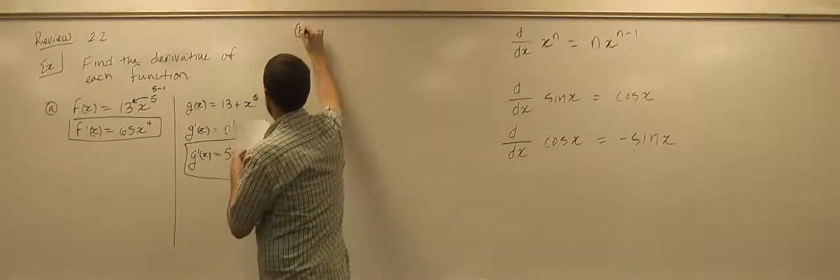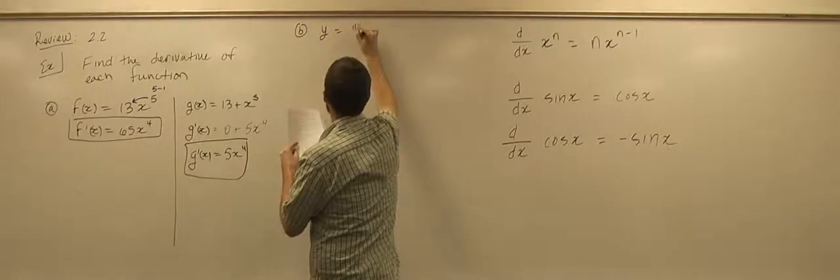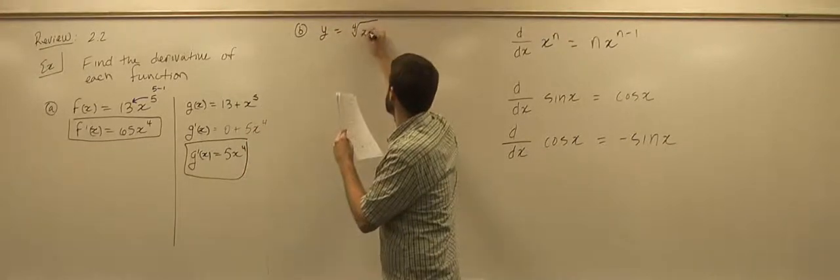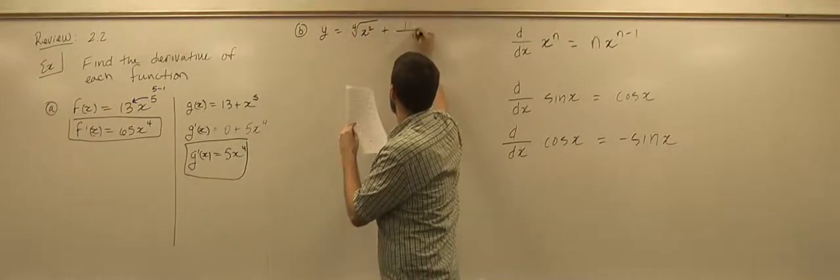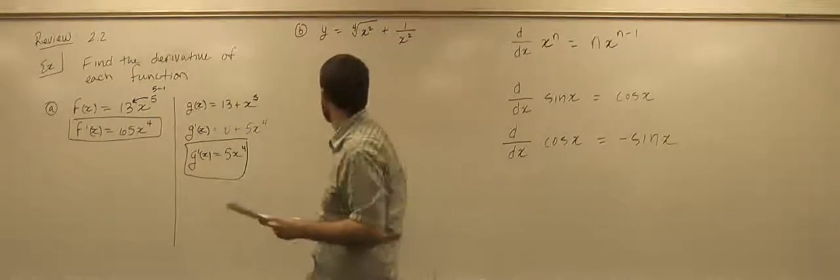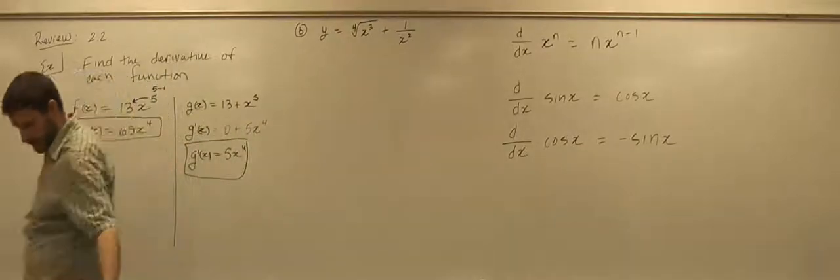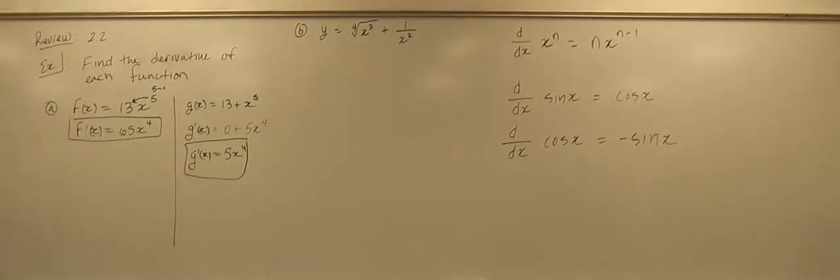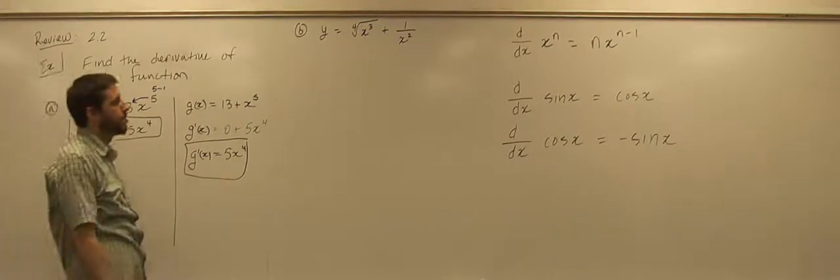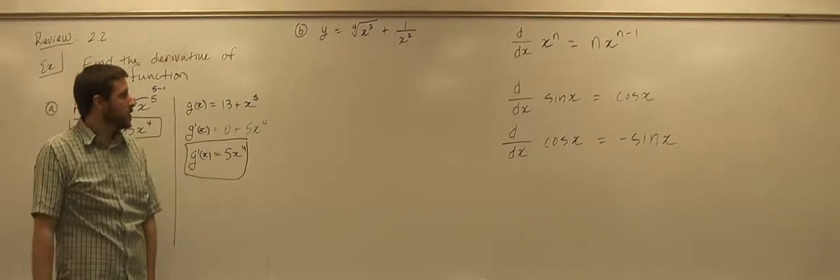Okay? If I give you y equals the 4th root of x squared plus 1 over x squared. Well, let's do x. How do we do the derivative here? Rewrite it as x to the 3/4 first.